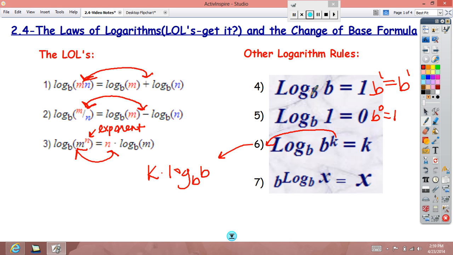And we know in number 1 that log base b of b turns out to be 1. So this becomes a 1, and k times 1 is just k. Same idea here. This log base b of x in number 7 is an exponent, and so this can come down.